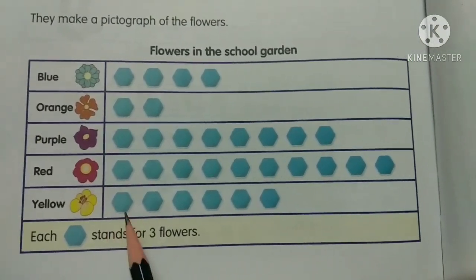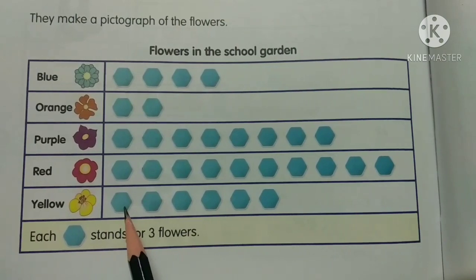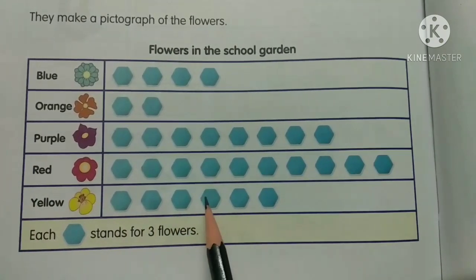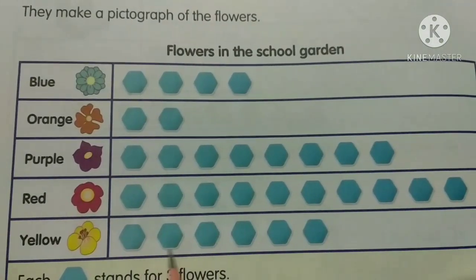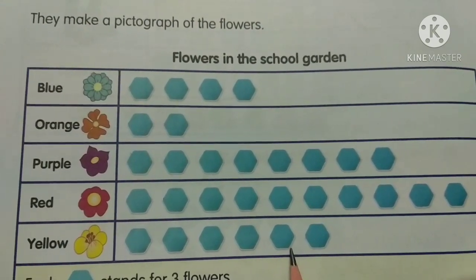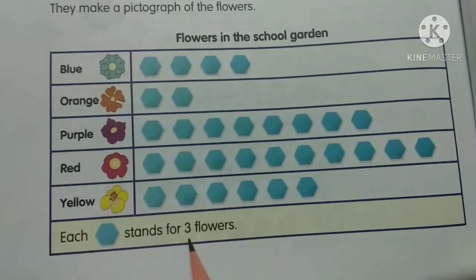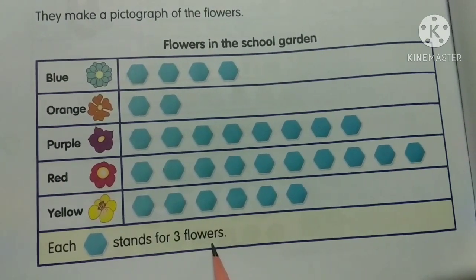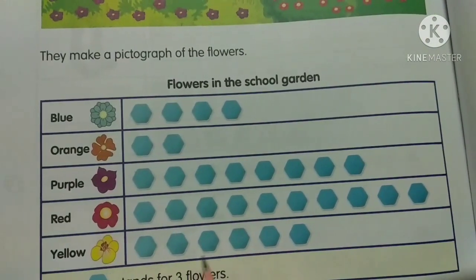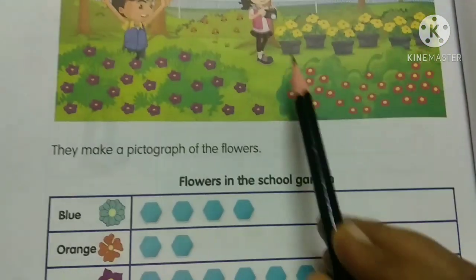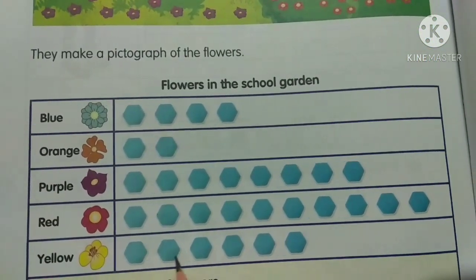The next one, yellow. Yellow 1 2 3 4 5 6. 6 pictures are here. Here 18 yellow flowers. One picture represents 3 flowers. So 6 3s are 18. 18 flowers are represented by 6 pictures.